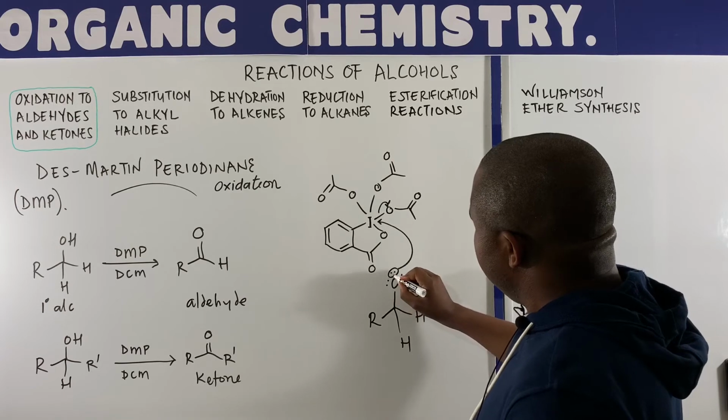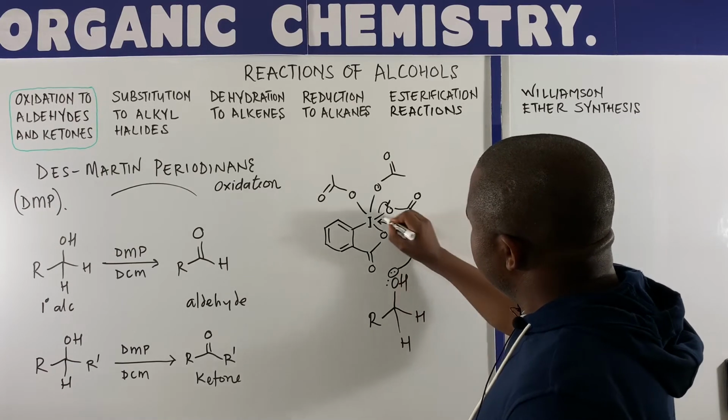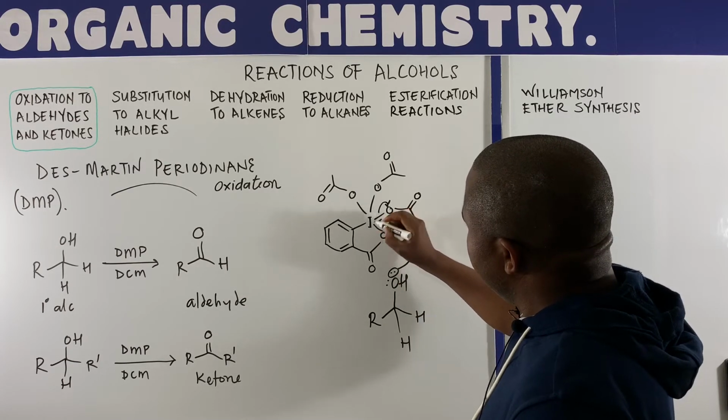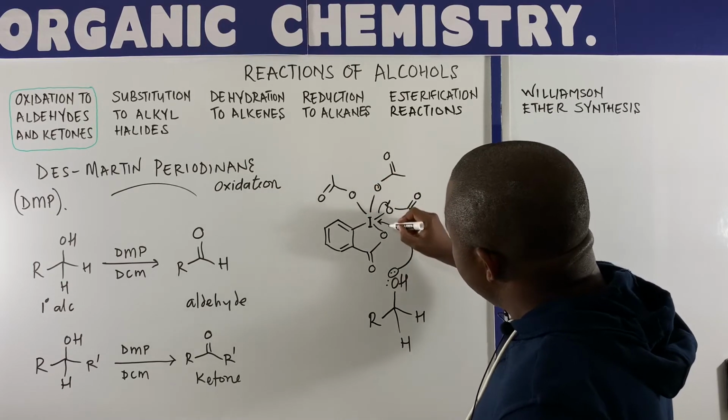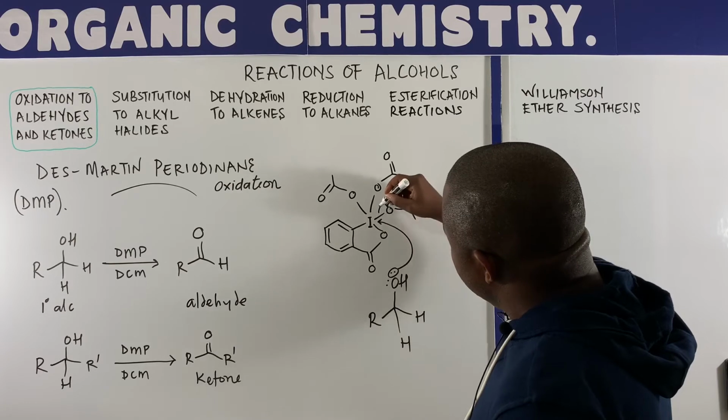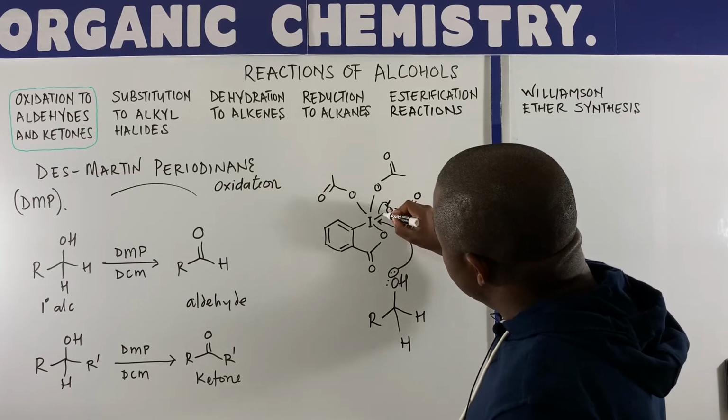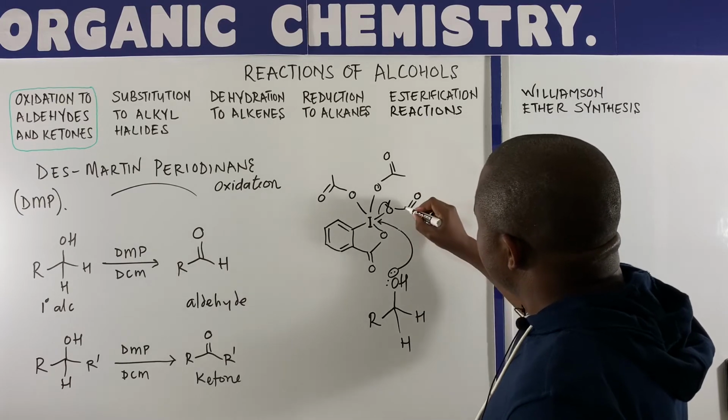So this alcohol is going to do a nucleophilic attack on the iodine here. You can see we have an iodine here. When this nucleophilic attack happens, the electron in this bond is going to go onto the oxygen of one of the acetate groups, and that will leave.